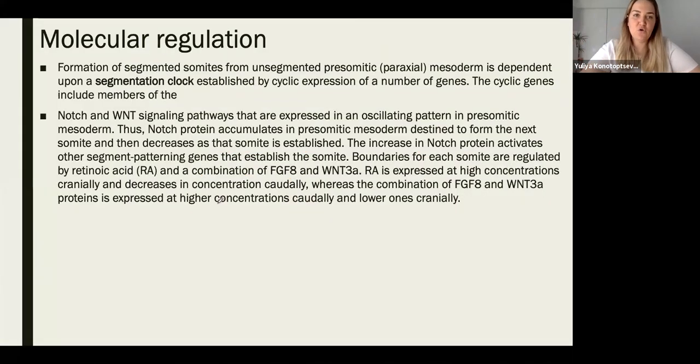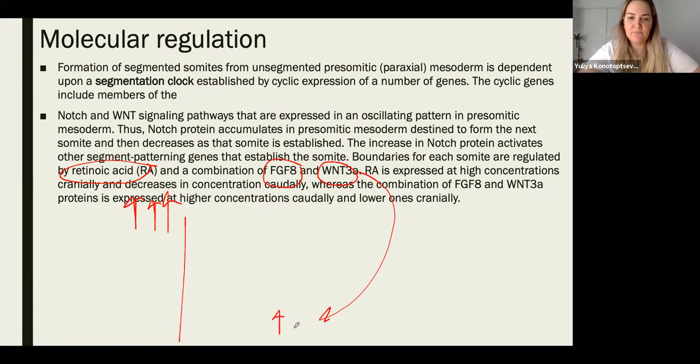Okay, this is also not important. Just want to get your attention. If you look at the embryo, retinoic acid accumulates cranially. FGF8, WNT3 accumulate caudally.